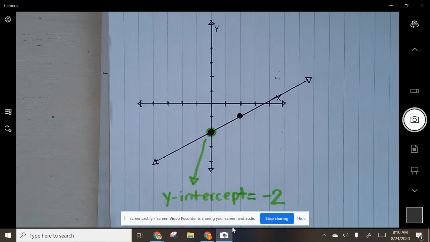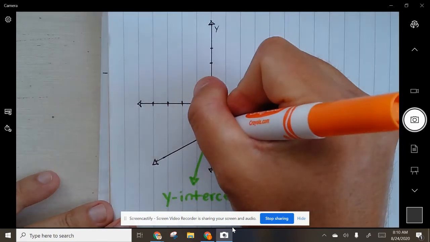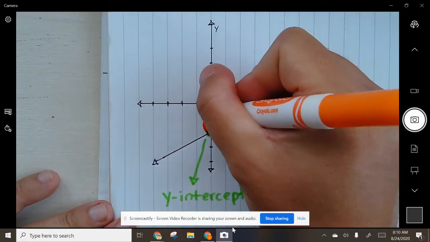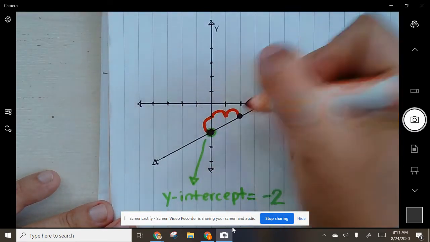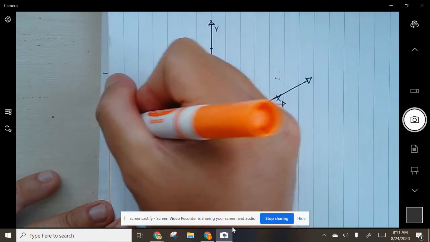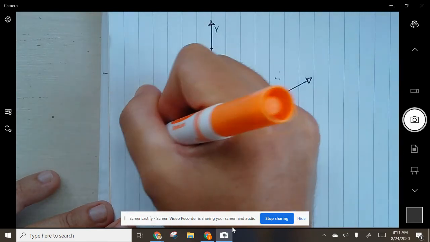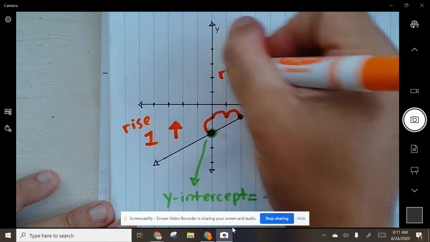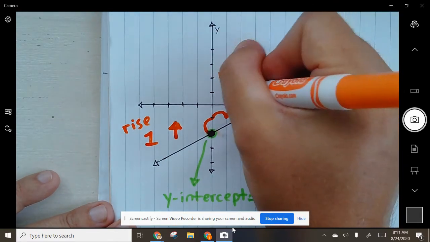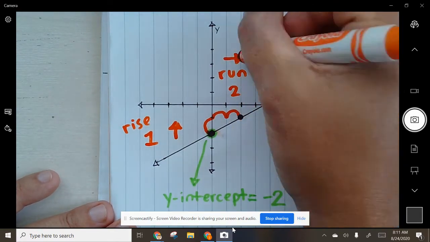And now, what's going on with the slope? If I start here, I rise 1, run 2. Rise 1, run 2. We've talked about that.